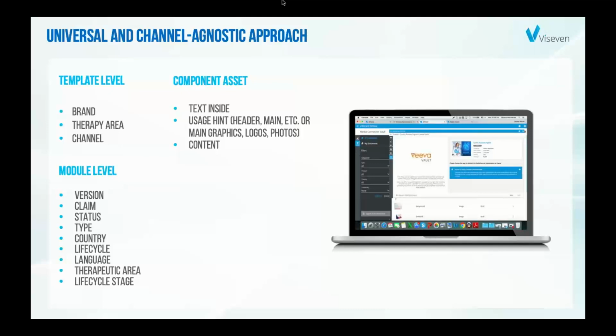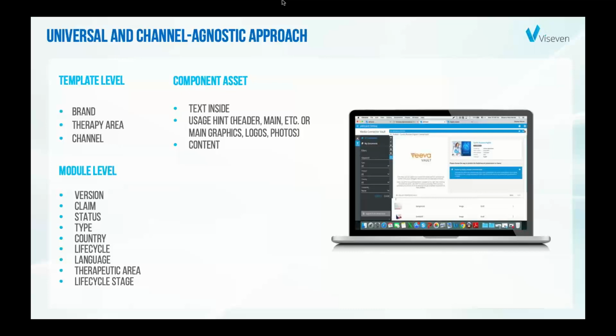That goes with claim and status, country, life cycle, and similar, much more granular metadata. But also each of the parts within your module might have their own metadata, like what's the text inside, what's the usage, or the selected usage of this media, for example, in an embed: should it go in this channel or in that channel?